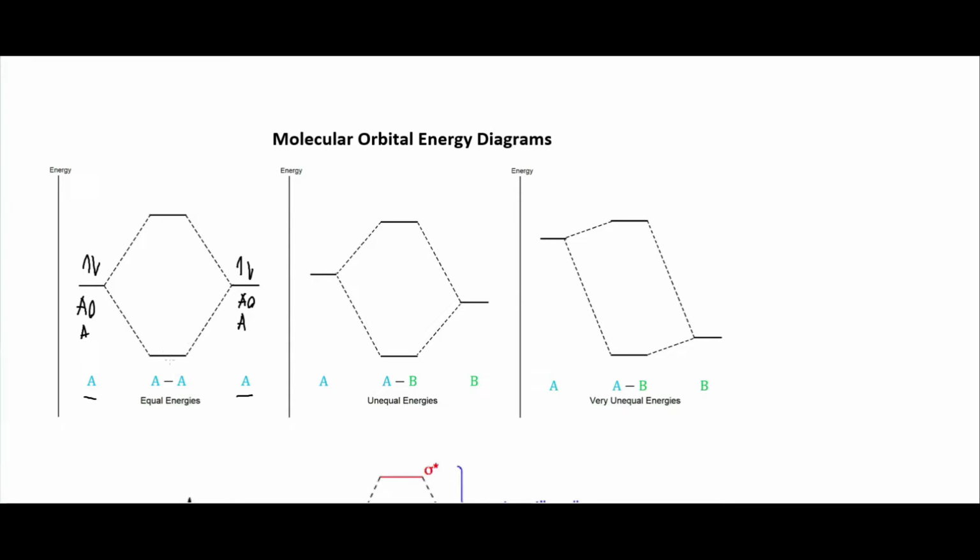And so we see right here, this will be the sigma bond, and this will be the sigma star bond, the antibonding up there. And so we see the antibond has higher energy than the atomic orbitals, where the molecular orbital has lower energy than the atomic orbitals.